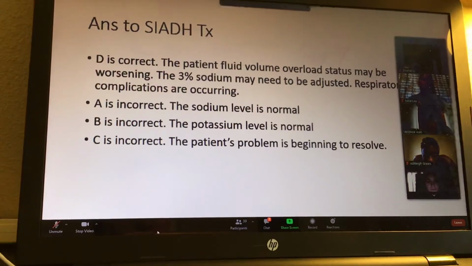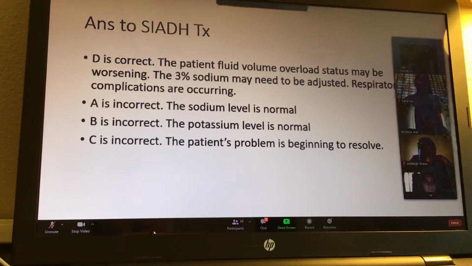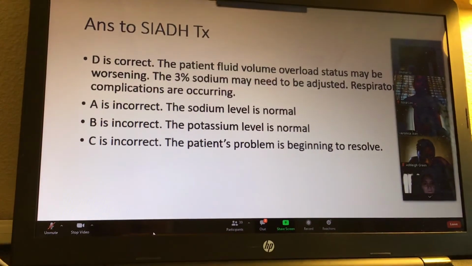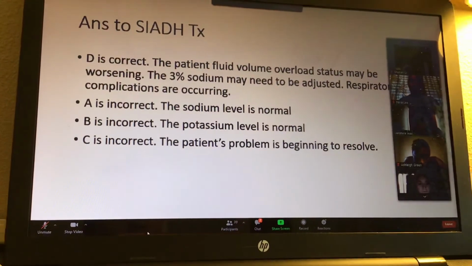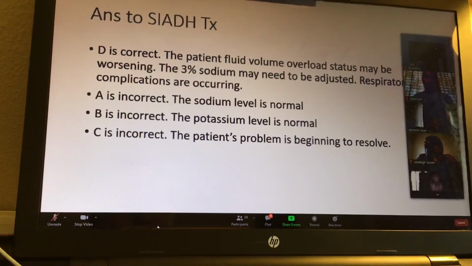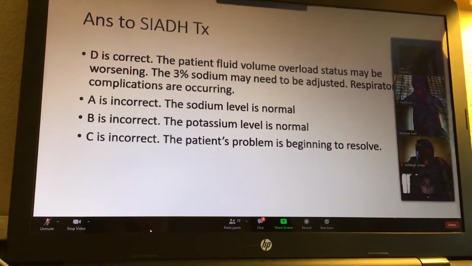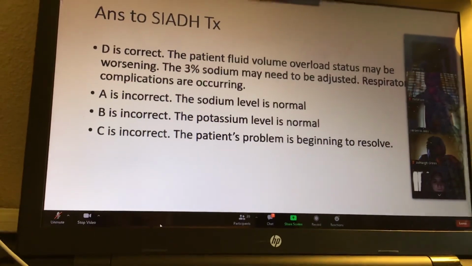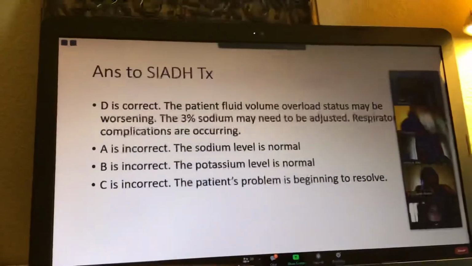If anybody wanted to say A, I can somewhat understand that, because maybe you're thinking they're getting a little too high, but I think they allow a certain range to be a little bit more over the 145 in this situation. Your potassium was okay. And C, the problem was beginning to resolve. Okay.